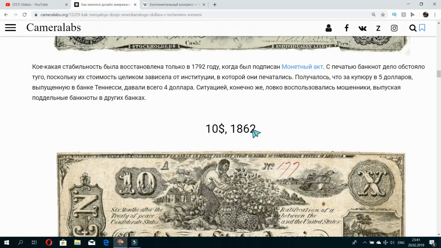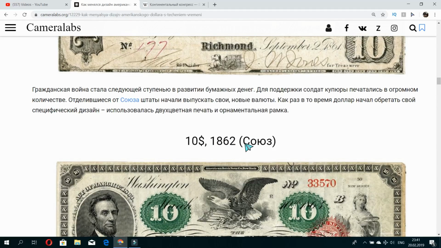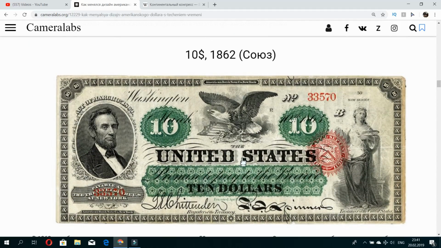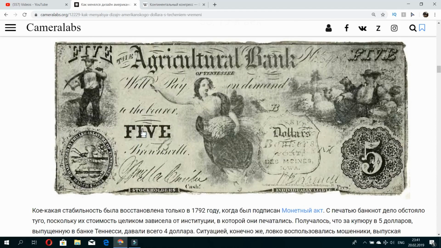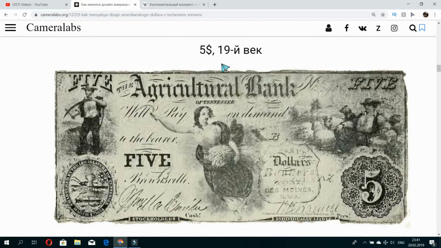This was 1862 and this was 1862, so it's two types of money at the same time. Check out, I don't see any Christian symbolism on each of those at 1862, and at 1854 also no Christian symbolism.